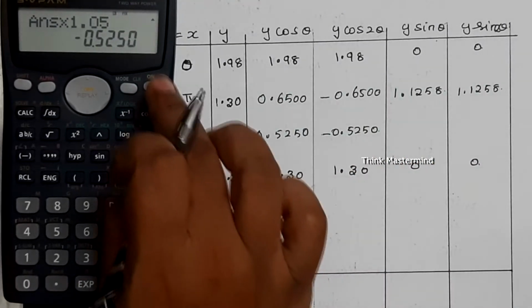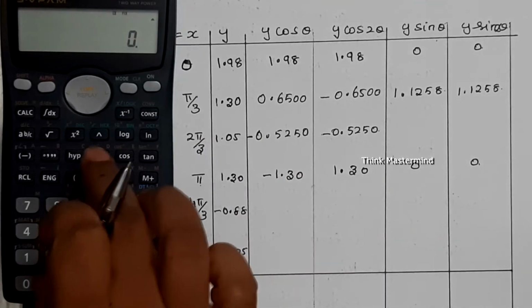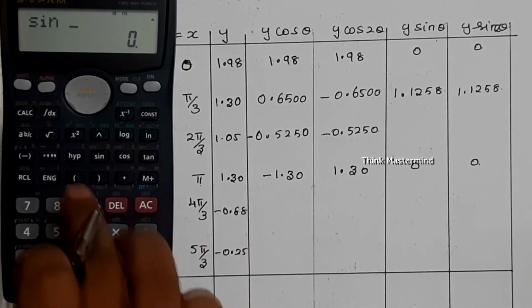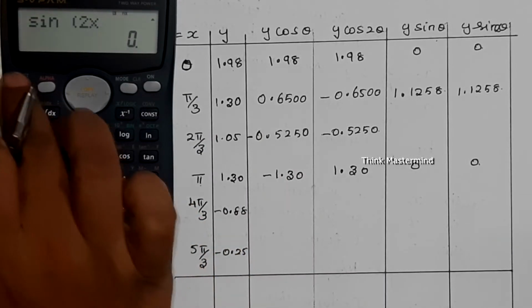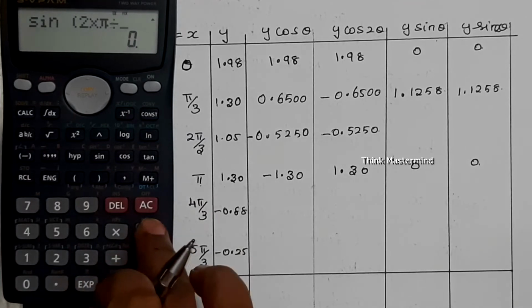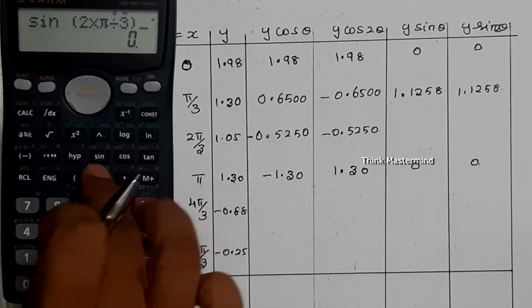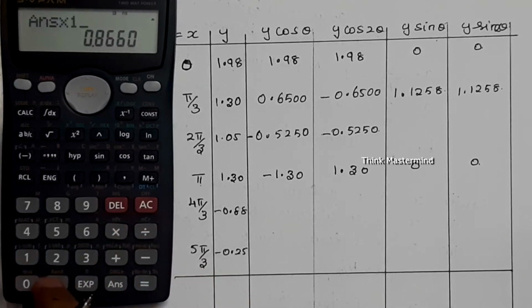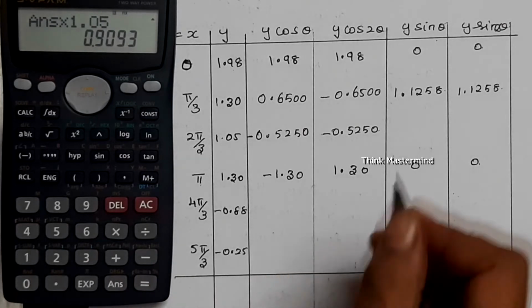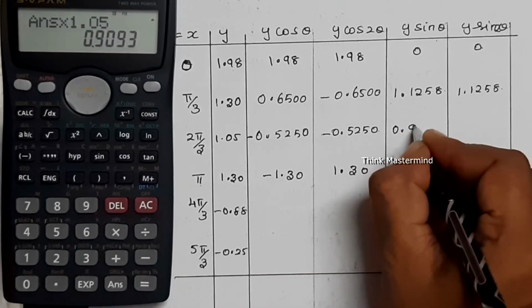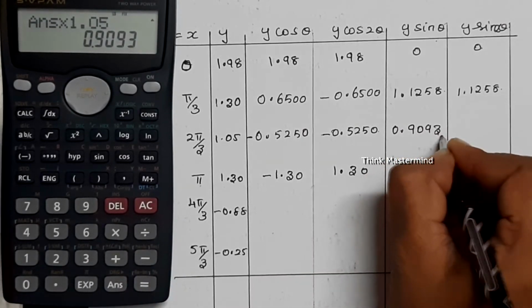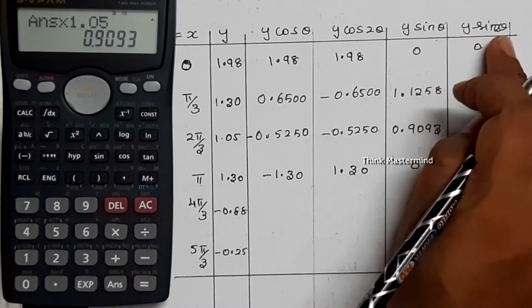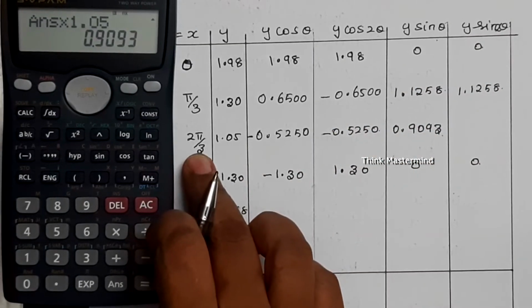Similarly, I am going to find sin 2 pi by 3. Sin 2 pi by 3 is sin of 2 into shift pi divided by 3, close the bracket, equal to, into 1.05, that is the y value, that is equal to 0.9093. Similarly, sin 2 theta, already we have 2 pi by 3.